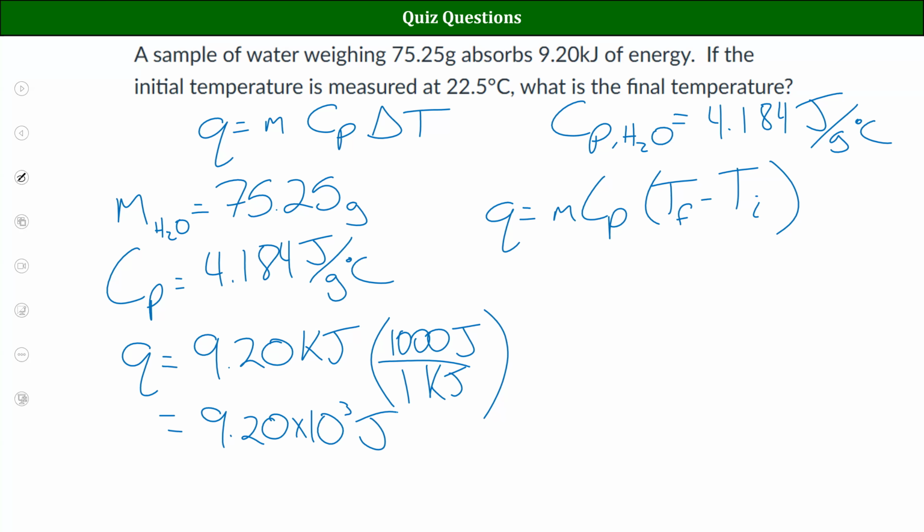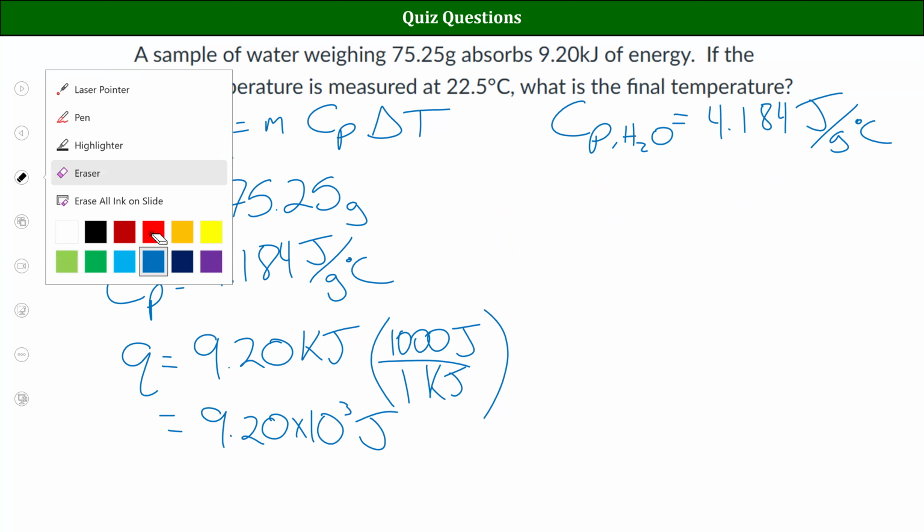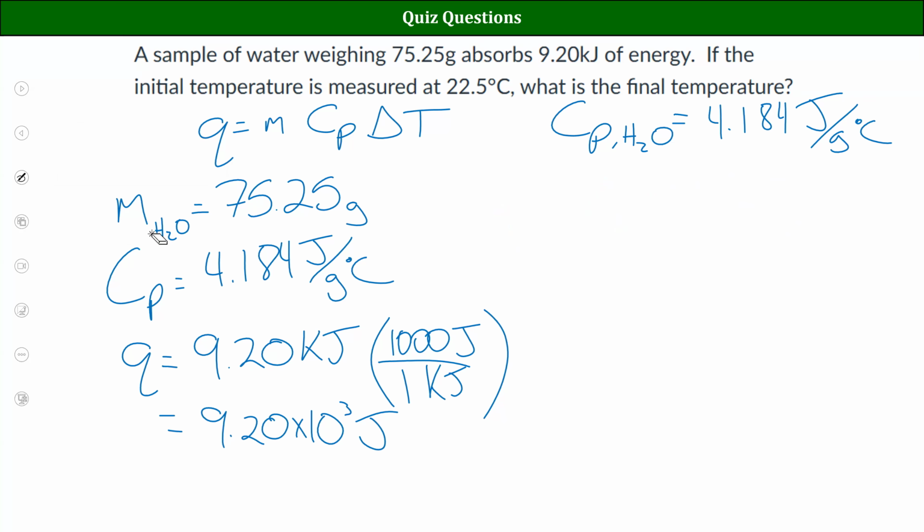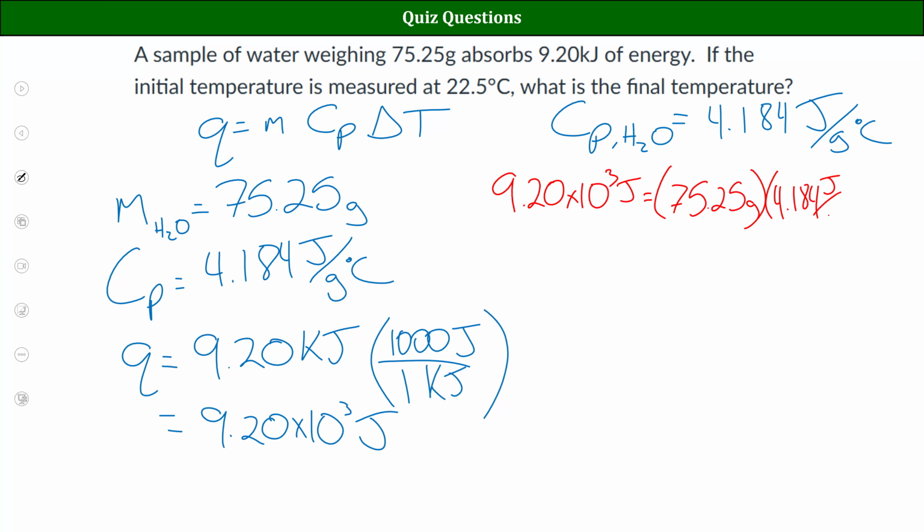So we know Q, we know mass, we know CP, we want delta T. Just barely put that in there.